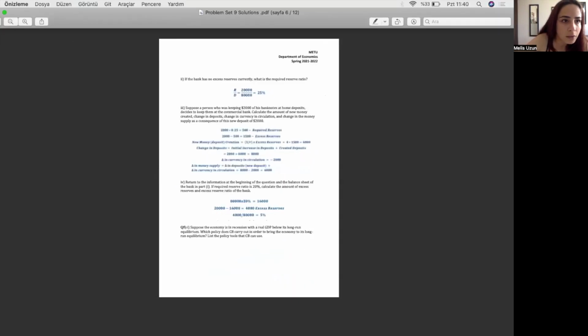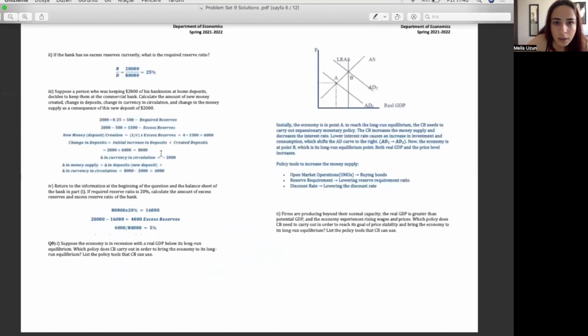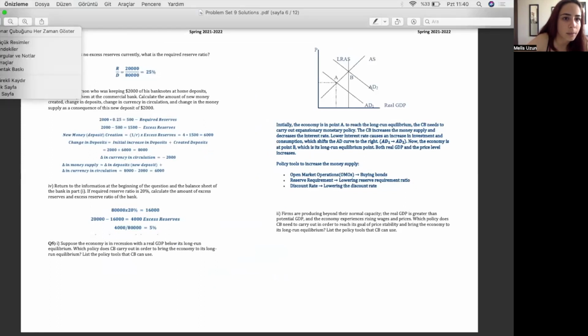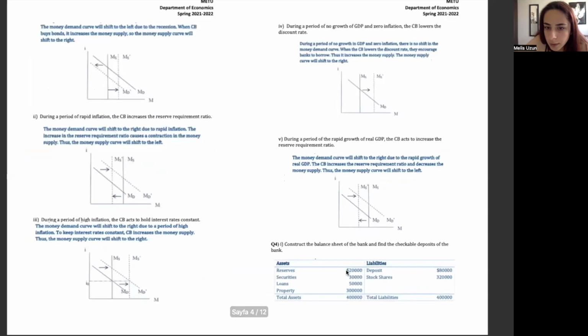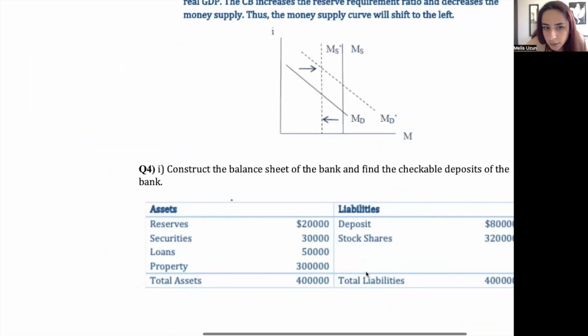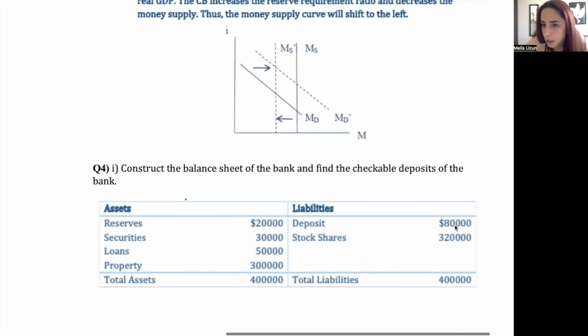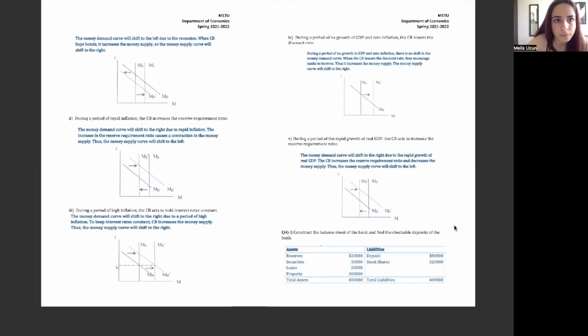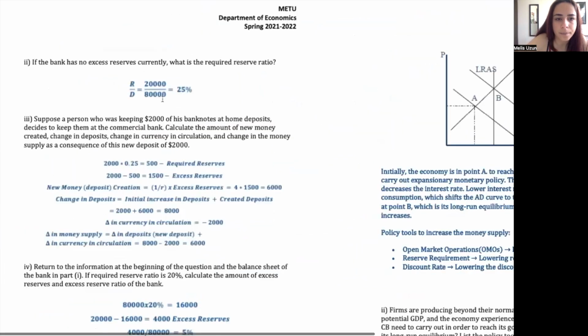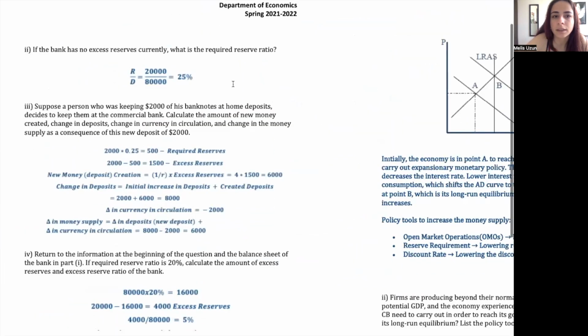Reserves was 20,000 and deposits was 80,000. If we divide them, we will find it is 25%.